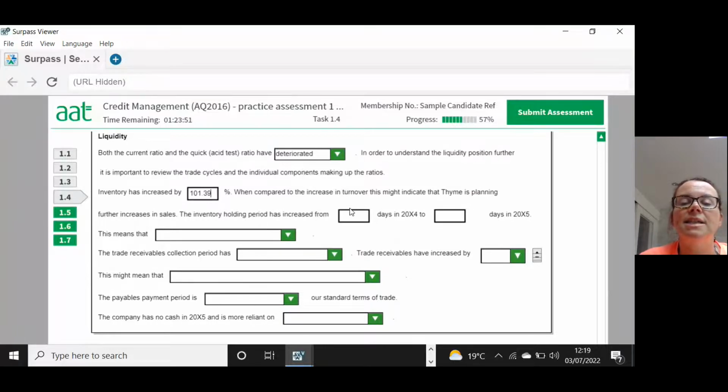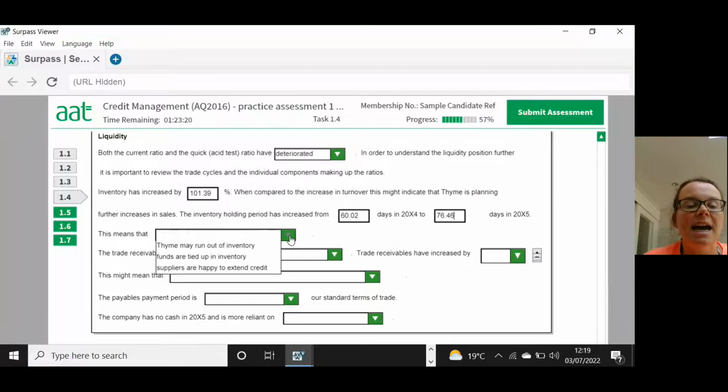When compared to the increase in turnover, this might indicate that they are planning further increases in sales. The inventory holding period is inventory divided by cost of sales multiplied by 365. So we just work those two figures out. As I said, very time consuming, but not that difficult.